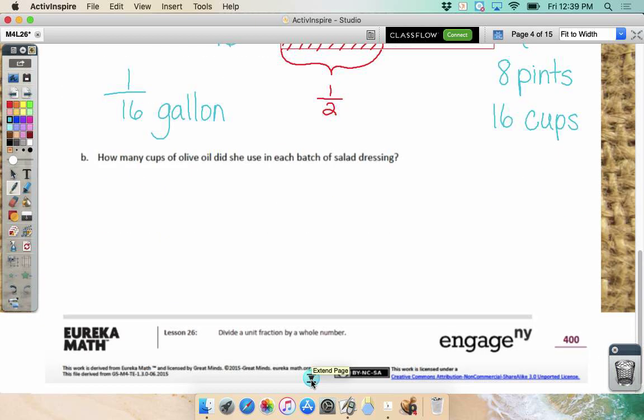It says, how many cups of olive oil did she use in each batch of salad dressing? So we've got to, well, that's of a gallon. We've got to change gallon to cups. Don't anybody shout it out. I want everybody to have to think.